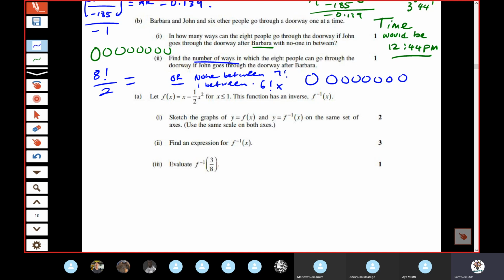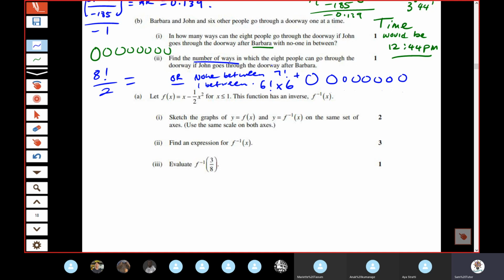This would be the second way, the third way, the fourth way, the fifth way, and then the sixth way. We understand that? So that's times 6. I hope you guys wouldn't have done it this way, but I'm just trying to show you, it should give us the same answer as this.